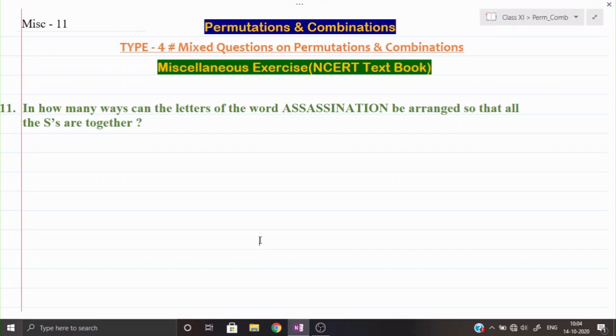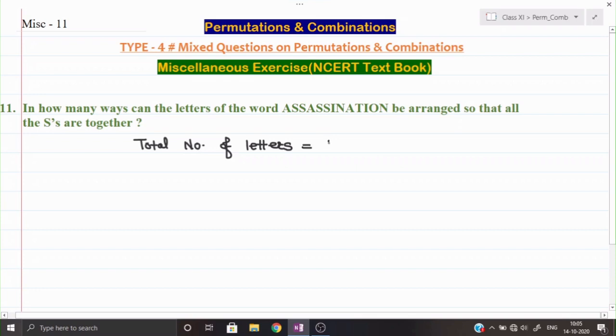First of all, let's see the total letters we have. Here first we shall mention the total number of letters. We can count once: 1, 2, 3, 4, 5, 6, 7, 8, 9, 10, 11, 12 and 13. So the total number of letters given here is 13.